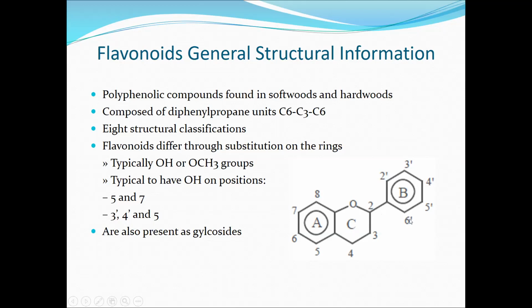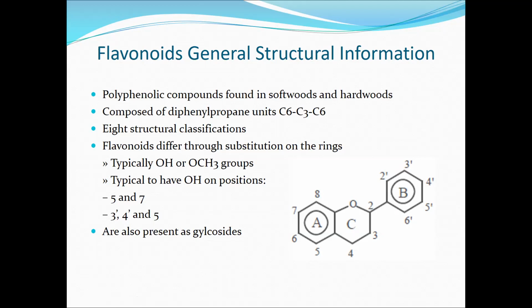Interestingly, you see the numbering. Numbering starts from here: 1, 2, 3, 4, 5, and 8. And the B ring is 1 prime, 2 prime, 3 prime. So this is the classical method for numbering the carbons in the flavonoid structure, composed of diphenyl propane units, C6, C3, and C6.